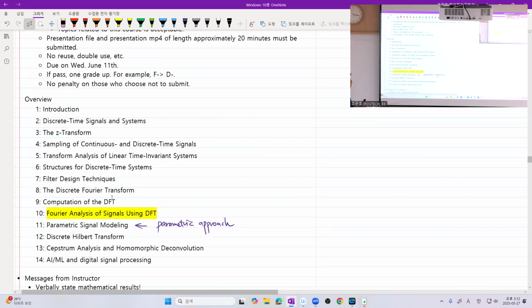And even if I talk about this part, I still want to talk about the discrete Hilbert transform and cepstrum. There is actually no chapter for this one, but it seems that I may not talk about the applications of DSP to AI and ML at all, unfortunately. Anyway, so this is the big picture of the next class meeting. Okay, that's all for the day.